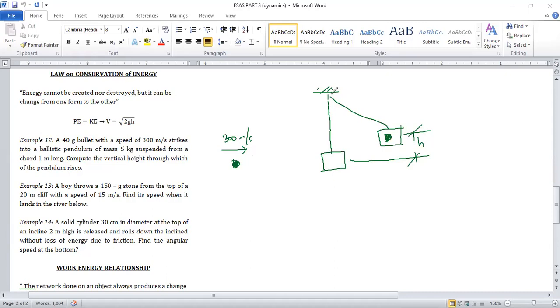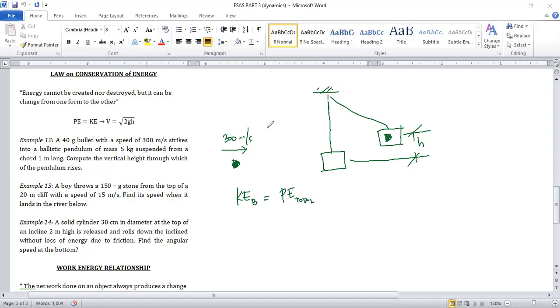Okay, so we can say now that the kinetic energy possessed by the bullet is equivalent to the potential energy possessed by the combination of the bullet and the pendulum. That would be the total potential energy.